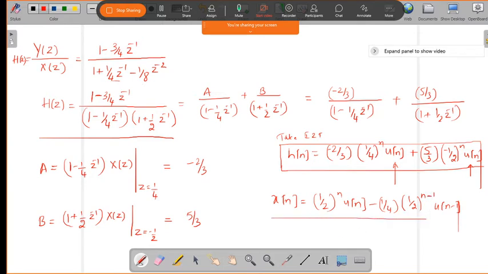So this is your x of n, and your y of n will be 1 by 3 power n into u of n. Now find out the impulse response of the system. Try to find out.